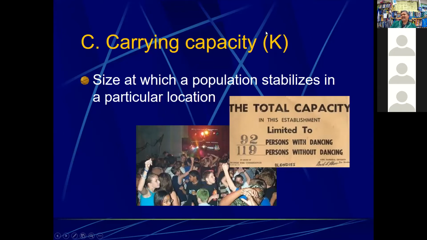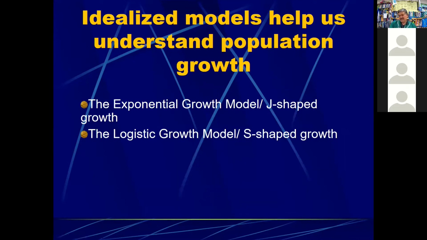That would be akin to the carrying capacity of this room. If you have less than 92, more dancers can come in. If there are more than 92 people in the room, people need to start going out. So the size at which the population stabilizes in a particular location is the carrying capacity.